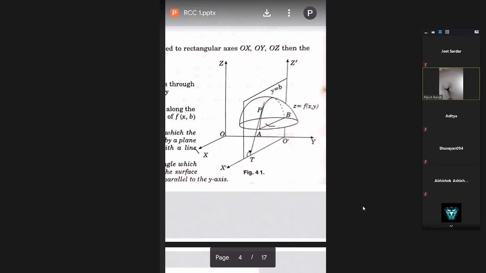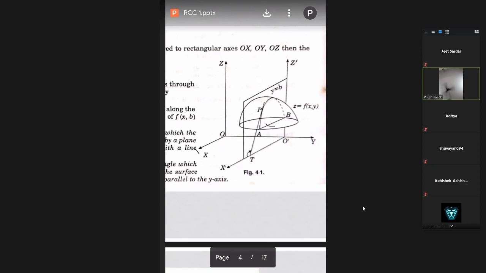Del z del x is nothing but the tangent at this point, the slope of the tangent of z with respect to x. That is the curvature. If you move this point to another point, p to p dash, then the tangent will be different.